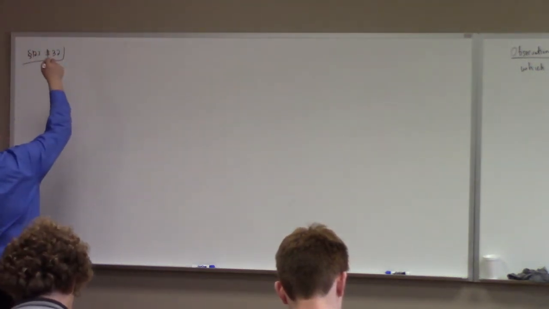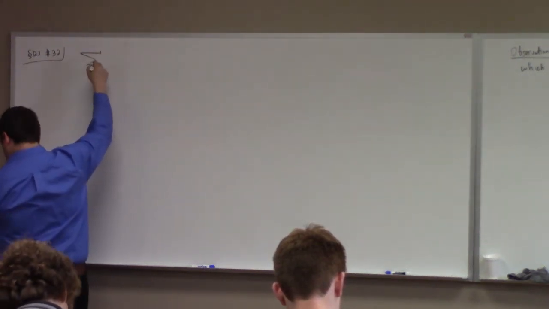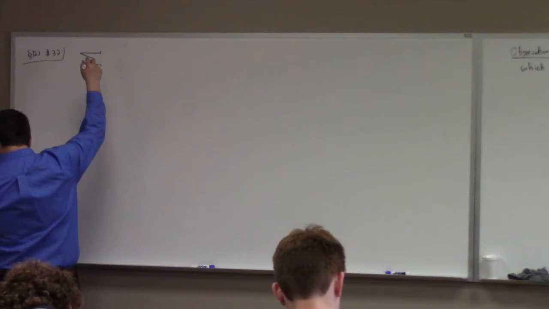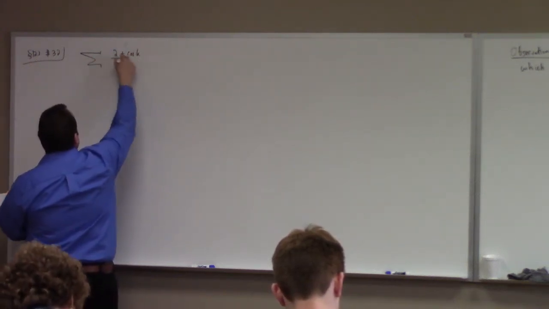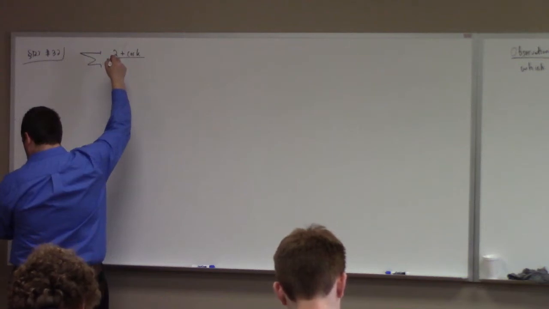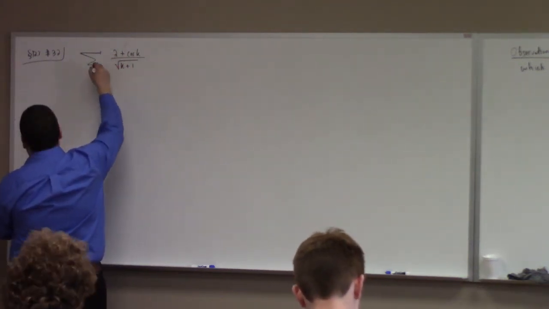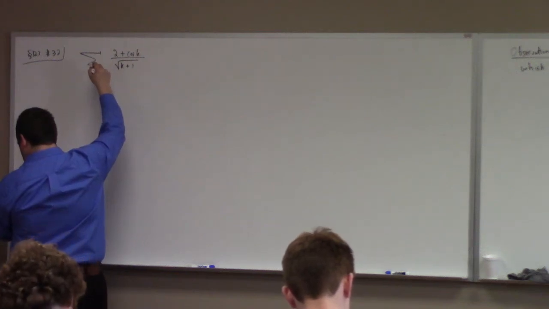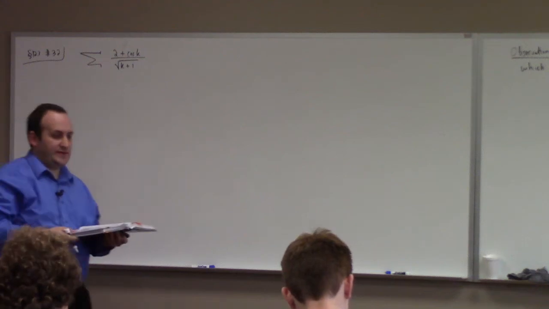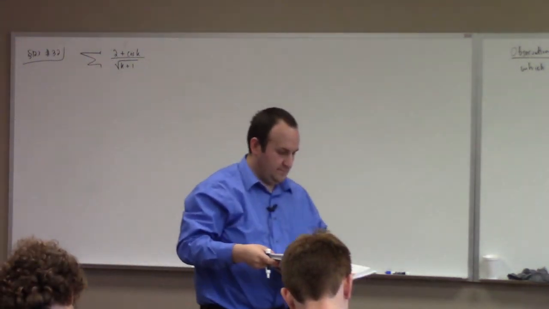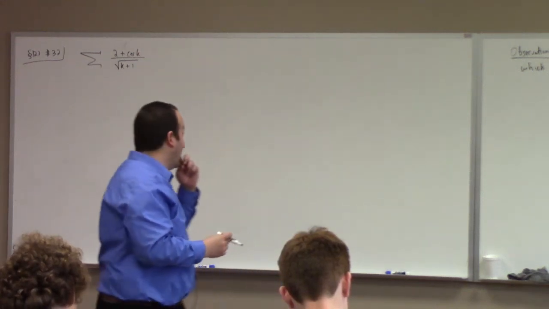So here we're asked to study the sum of 2 plus the cosine of k over the square root of k plus 1. The lower bound isn't given. You could make it 0, or 1, or whatever.